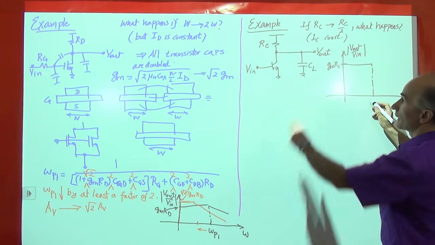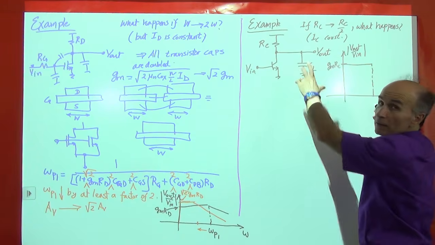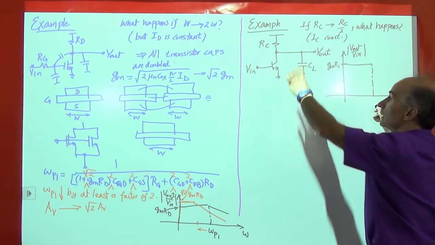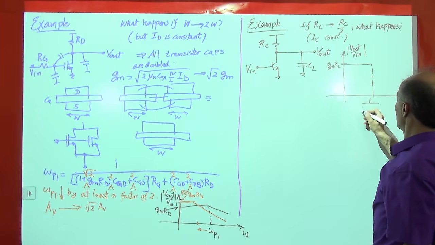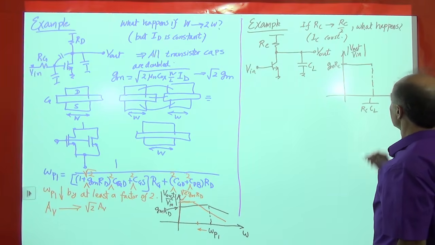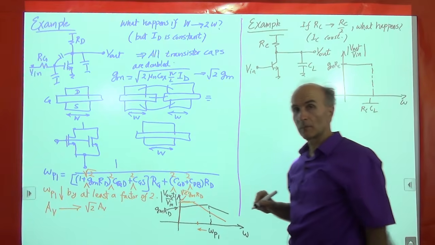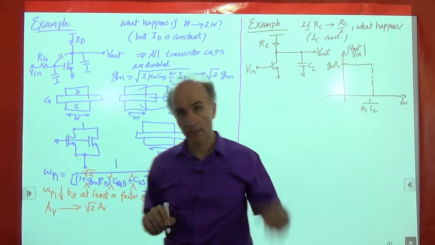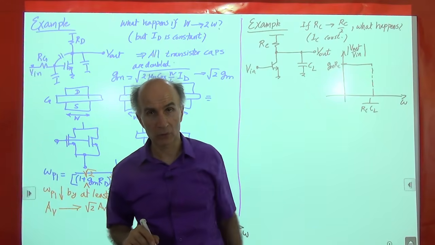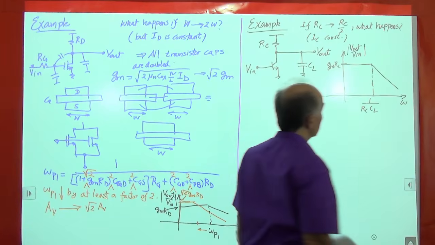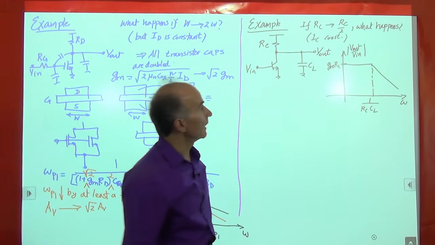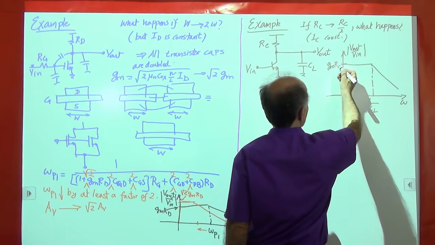That pole frequency is given, by inspection, by this capacitance times this resistance, so it's 1 over RC CL. And then past that point, we go down at 20 dB per decade. So here's how it goes. All right, so that is the original design.